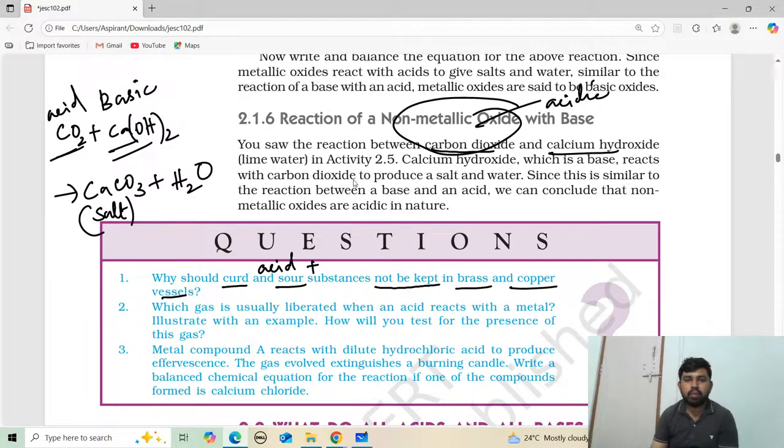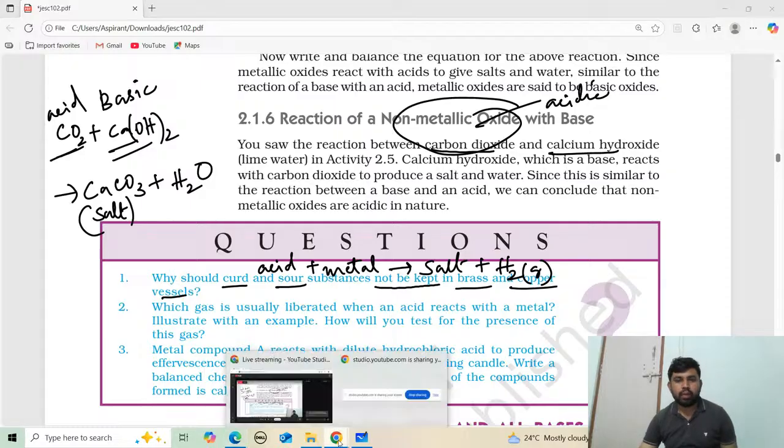Brass and copper are made up of metal. The acid will react with the metal and give salt and hydrogen gas. That hydrogen gas will make the substance poisonous and toxic. That you should remember.